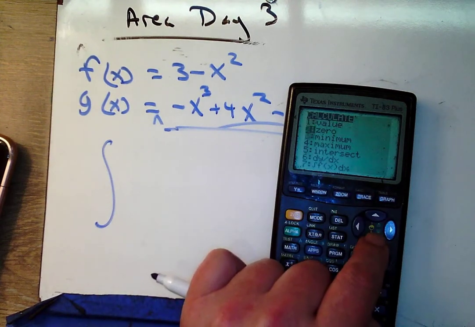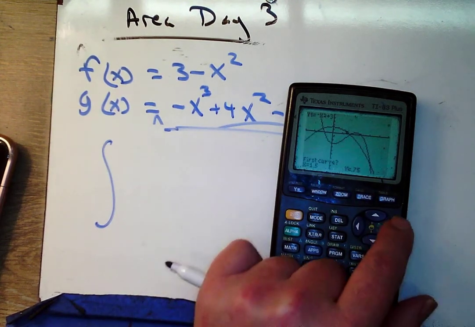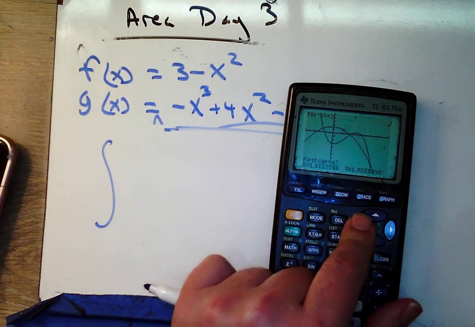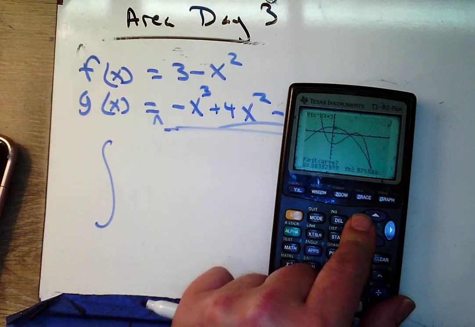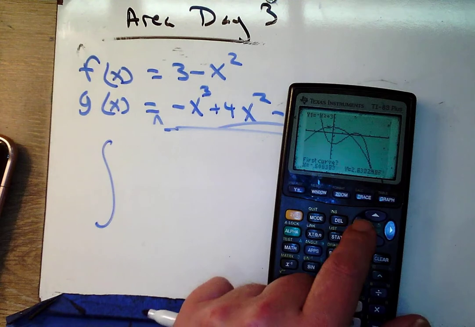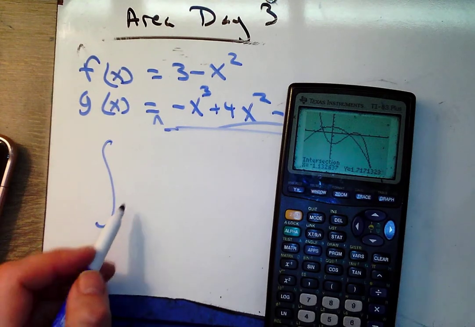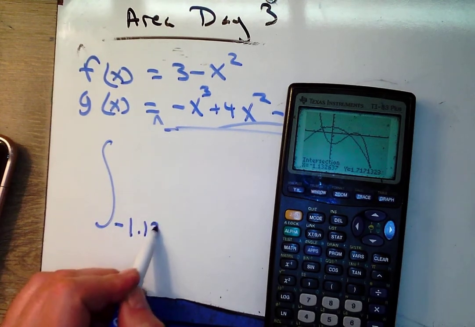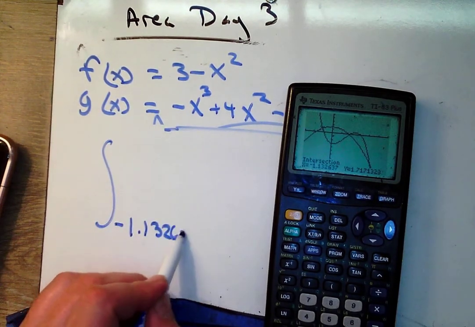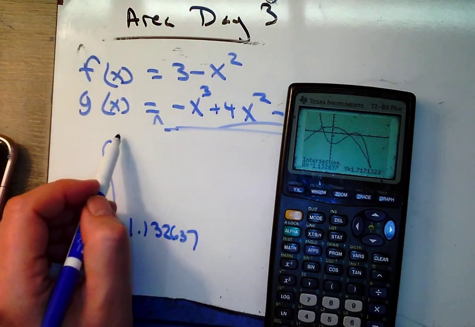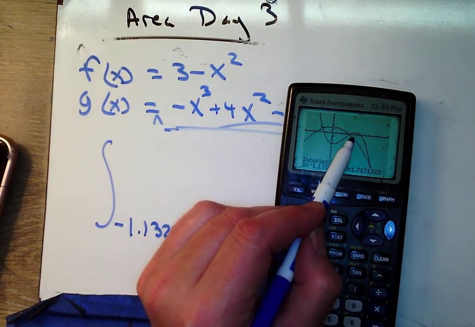So second, calculate, intersect. And I'm going to bring it closer to this point of intersection. Enter, enter, enter. And I get a value here of negative 1.132637. And where am I going to? Well, I'm going until I get to that point.